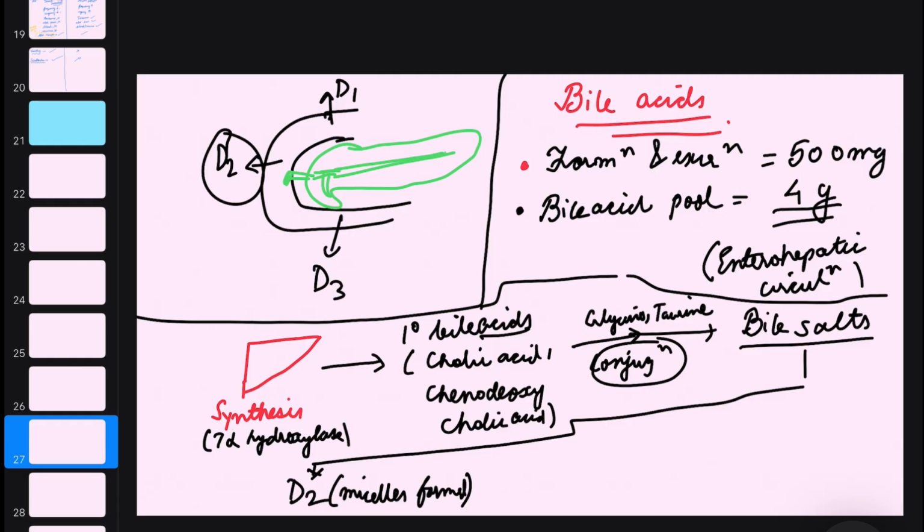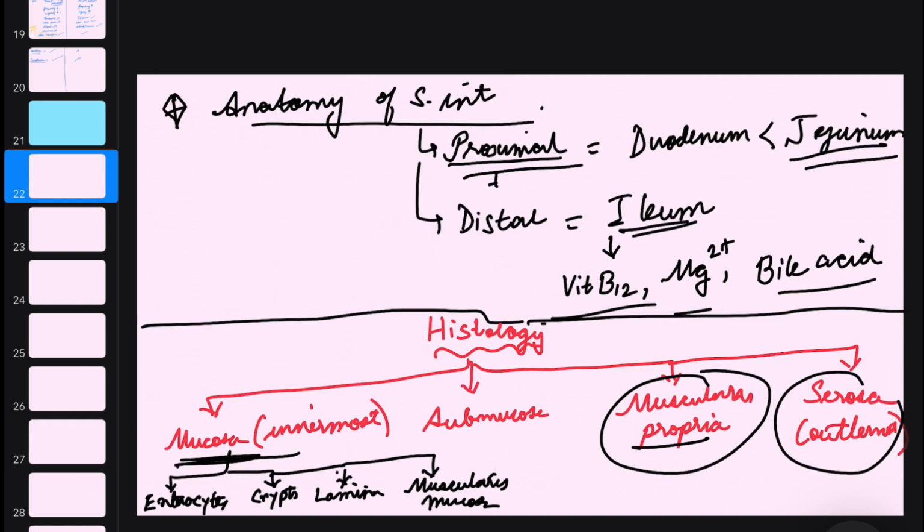Simple. So, after this, what will happen to the bile salts? They helped in the formation of micelles. Now, do you remember an amazing statement that I made, and I told you to remember that? We said that in the proximal small intestine almost everything is absorbed, but in the distal small intestine, which is the ileum, only 3 things are absorbed. And those 3 things you must remember: vitamin B12, magnesium, and, voila, bile acid.